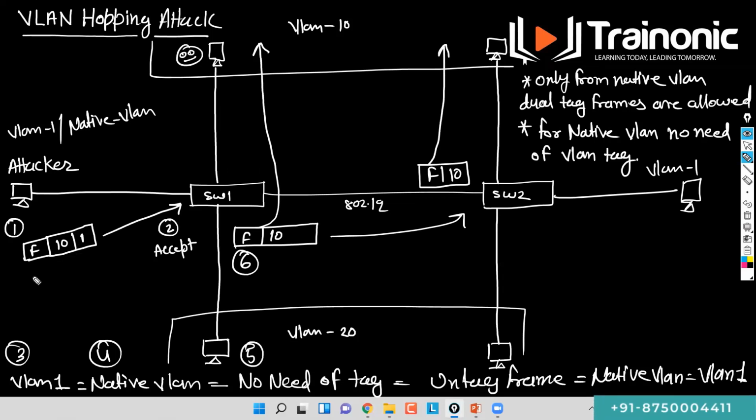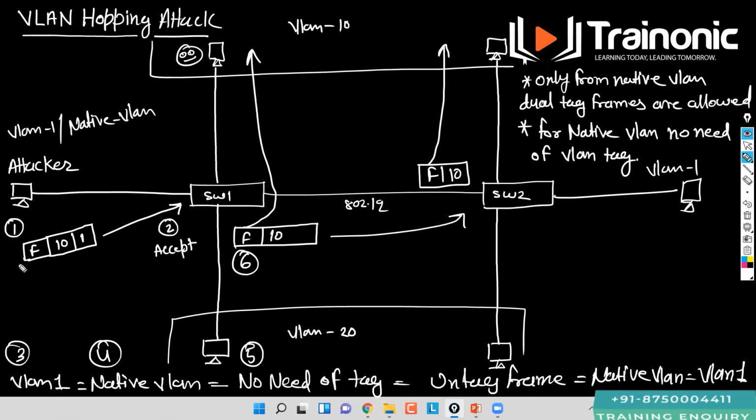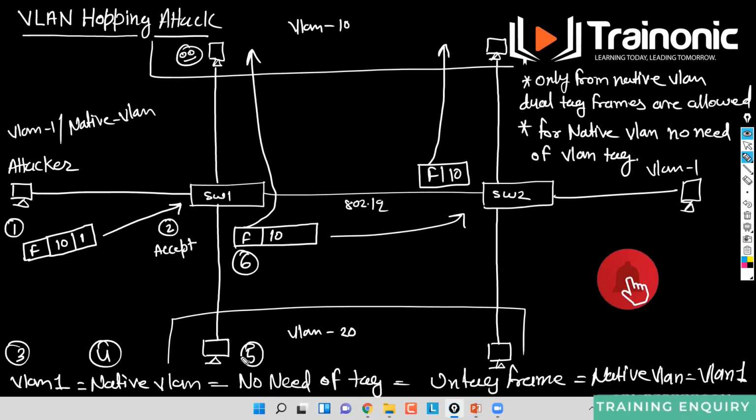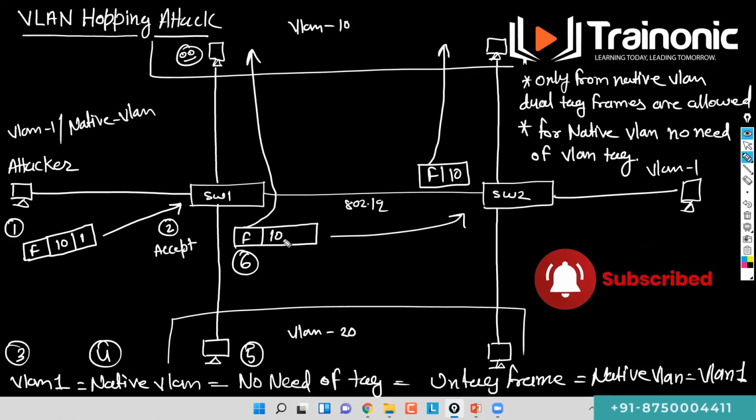The frame originated from VLAN 1, and now it is in VLAN 10. Due to the behavior that only from the native VLAN are dual tag frames allowed, and for the native VLAN no tag is needed, when an attacker in the native VLAN sends a dual tag frame, it will be accepted by the switch. The switch will consider it is coming from VLAN 1, which is native, so no need of a tag. The switch will remove the native VLAN tag.